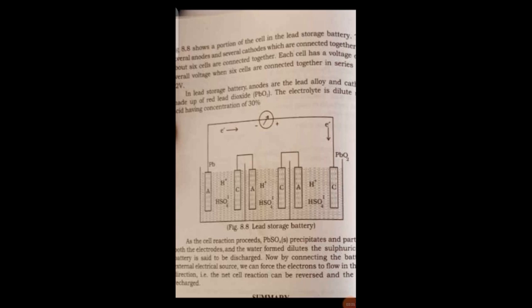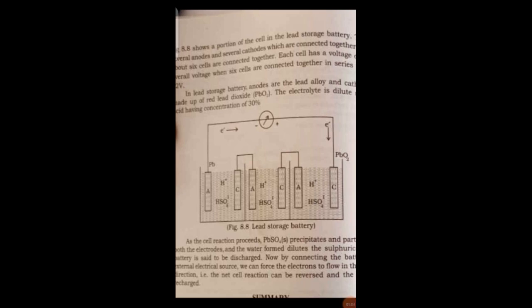Each pair produces 2 volts, so the total voltage produced by the battery is 12 volts. All these 6 pairs are connected in series. In the lead storage battery, anodes are lead alloys and cathodes are made of red lead dioxide. The electrolytic solution is dilute sulfuric acid having a concentration of 30%.